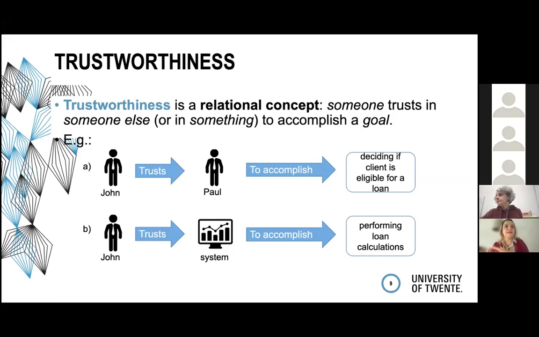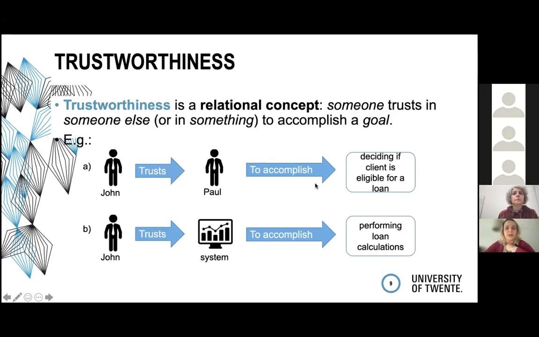There are some friends that we trust with some information, but not with very confidential ones, because we know that person can talk to other people about them, right? So we trust to accomplish something. Or maybe, like in these examples, John trusts Paul to accomplish something.